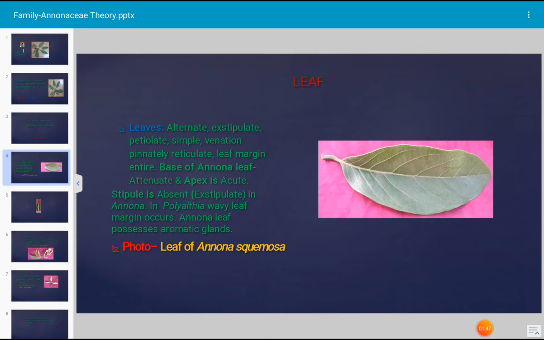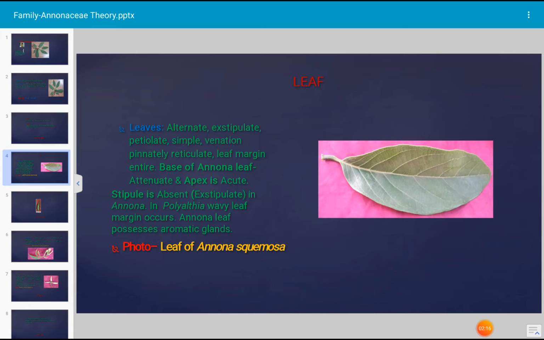The leaf shown in the photograph is the leaf of Annonaceae. In most of the plants of this family, leaves are arranged in alternate manner. Alternate phyllotaxy occurs in most of the plants of Annonaceae. Leaves are exstipulate. Stipule is absent at the base of the leaf, hence the leaf is described as exstipulate.